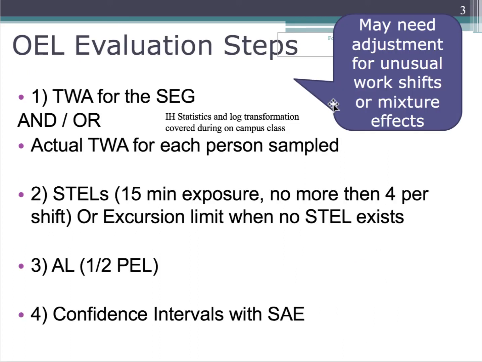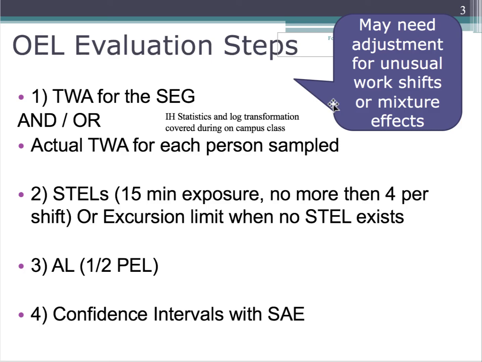So some steps in evaluating somebody's exposure to an occupational exposure limit would be, after sampling, of course, to calculate the time-weighted average for the similar exposure group, or calculate the actual time-weighted average for each person.